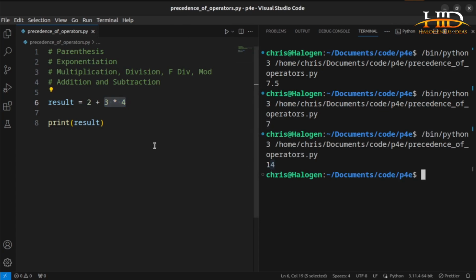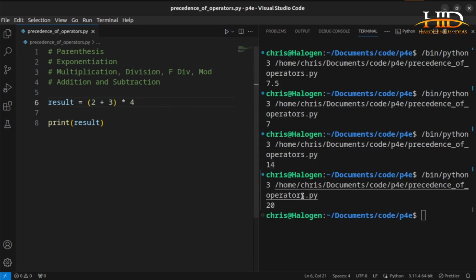But if I want to override the default, I can just wrap the whole of this inside a parenthesis. Now I'm having 2 plus 3, which is 5. Then 5 multiplied by 4 will give me 20. So you can see the way I used the parenthesis to override the default order of execution.